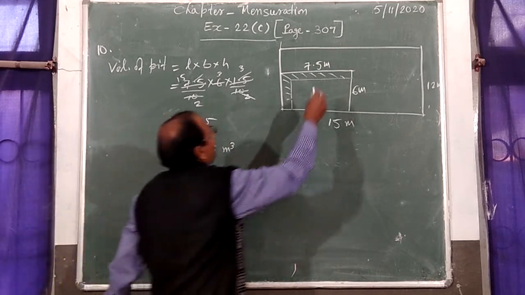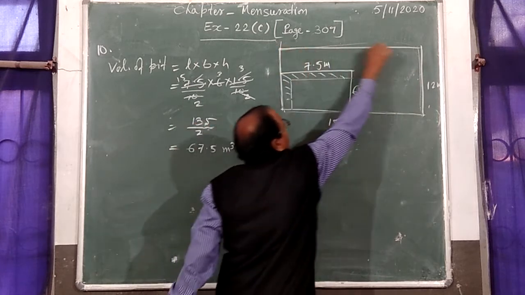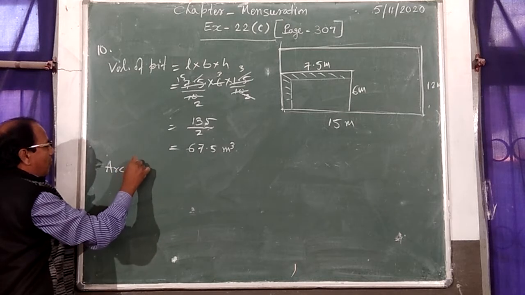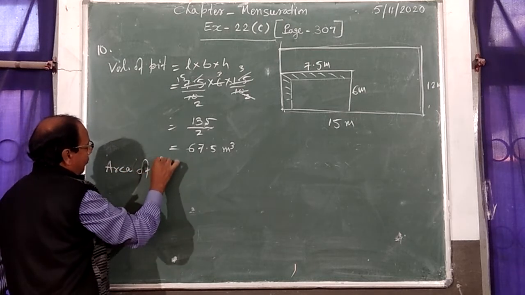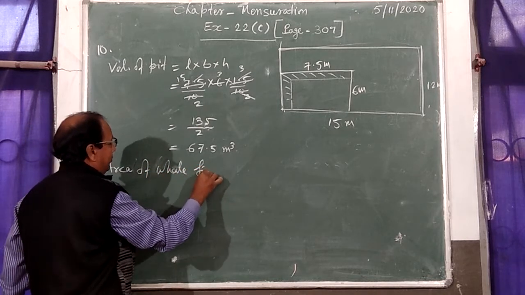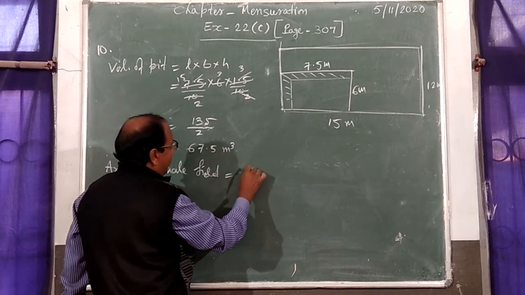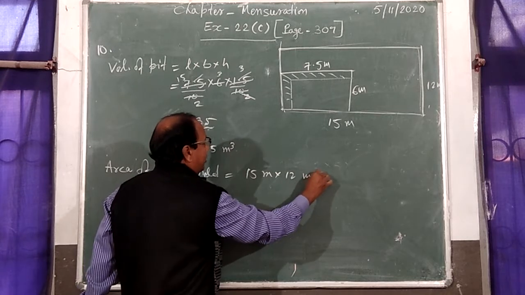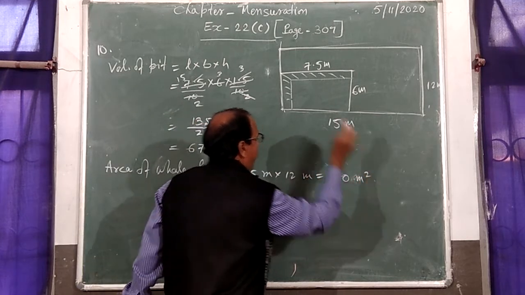Now we have to find out the area of the whole field. Area of whole field equals 15 meter into 12 meter equals 180 meter square.